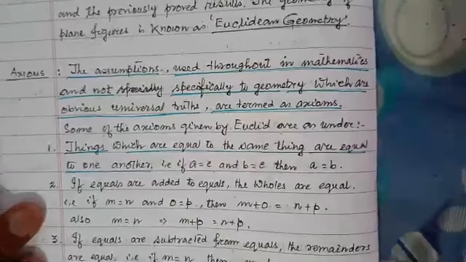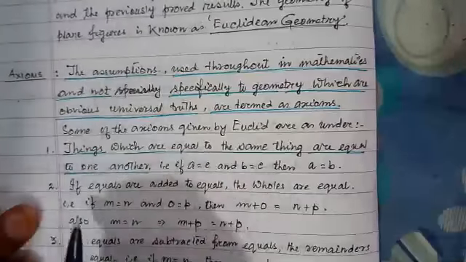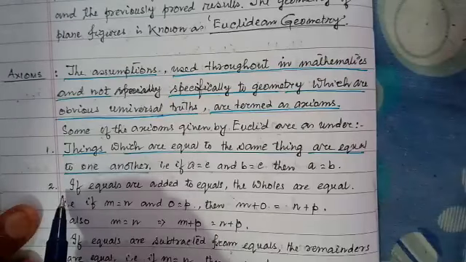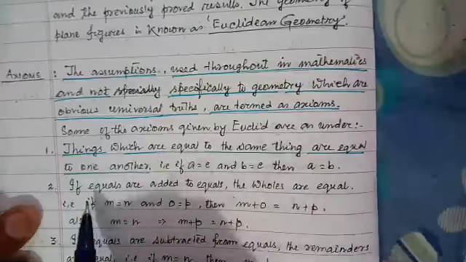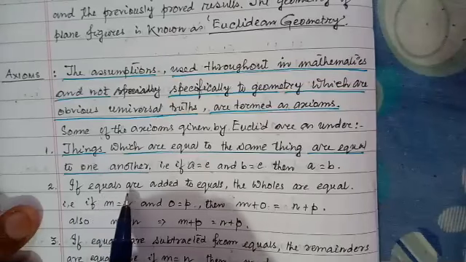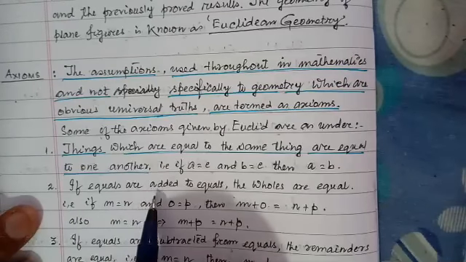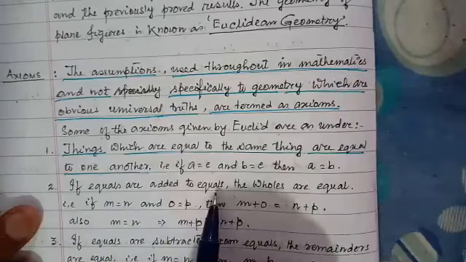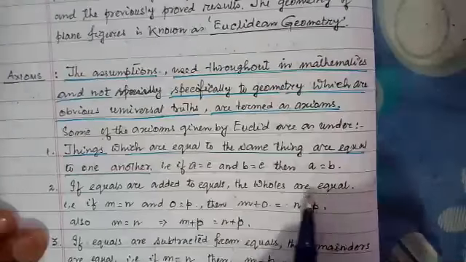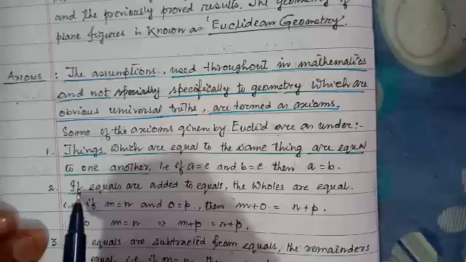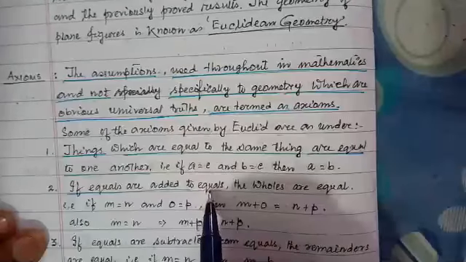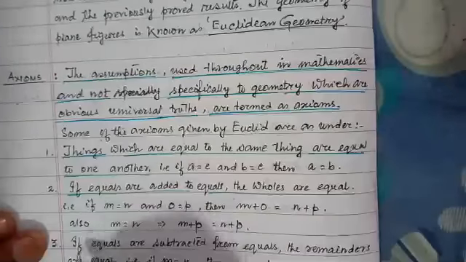Similarly, for the second axiom, if equals are added to equals, the wholes are equal. Actually, these are also called the basic concepts.